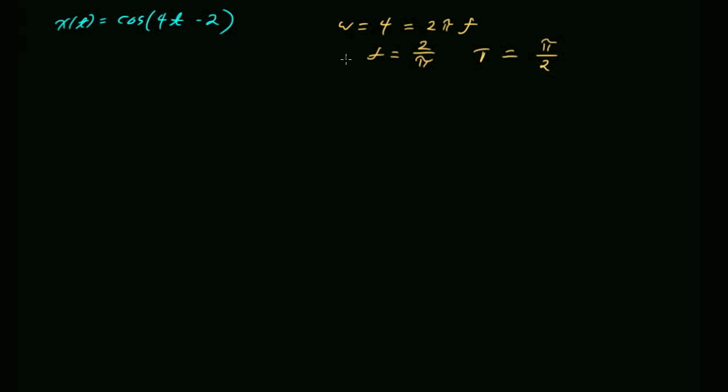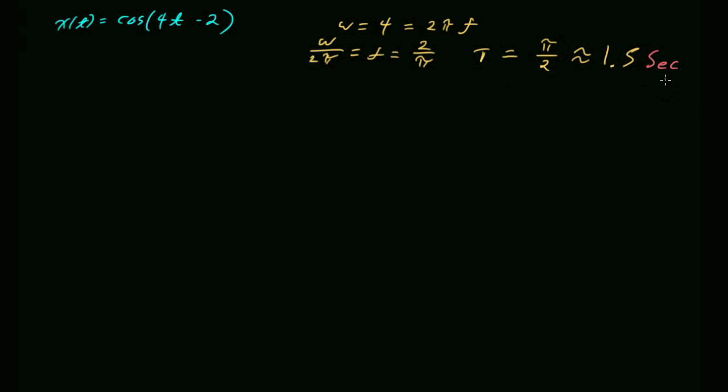So what's my period going to be? My frequency is omega over 2 pi, and therefore my period is 2 pi over 4, which is pi over 2, which is about 1.5. 1.5 amperes, henries, seconds, right?